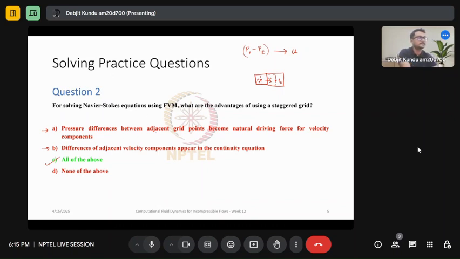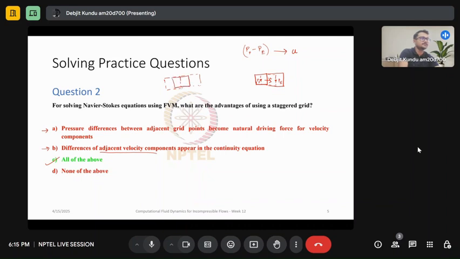Now, the second one: differences of adjacent velocity components appear in the continuity equation. Once again, let's consider something like this. Let's say we have two different U cells like this, and we have a P cell in between.